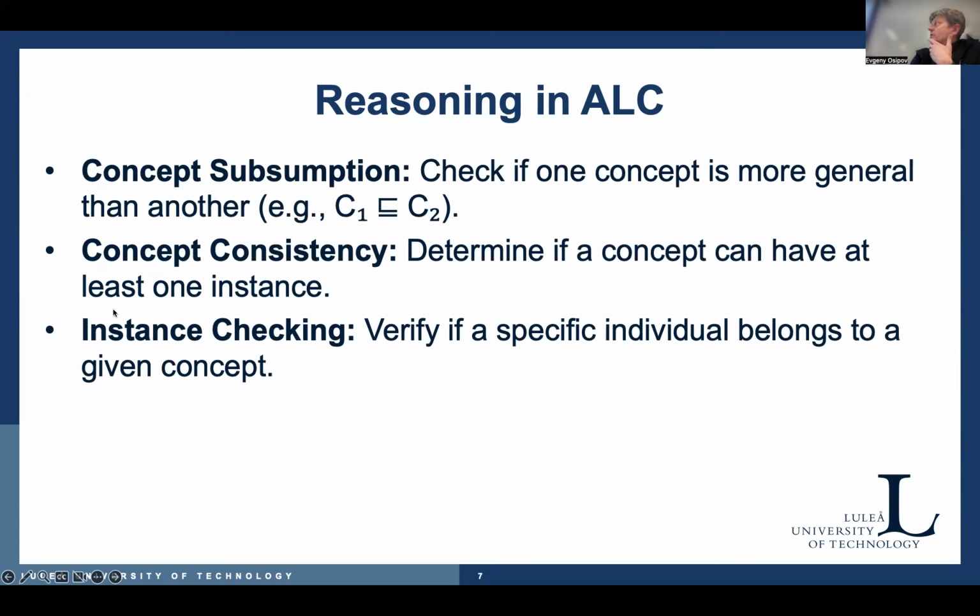The reasoning boils down to these three checks. Maybe at first glance you wouldn't regard it as reasoning or inferences. It's really checking certain facts or certain properties about the knowledge records that you insert in your ontology.